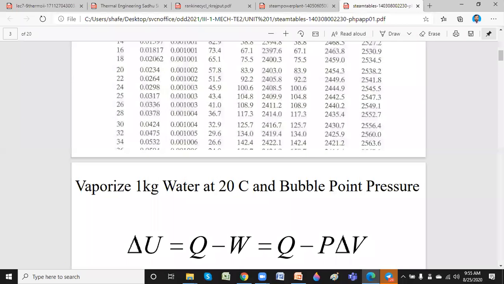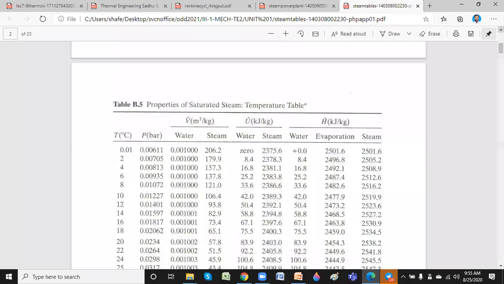So this is how it looks like. Now you just see the pressure and temperatures. This is the saturation pressure table, and this is the saturation temperature table. So this is how your steam tables look like.